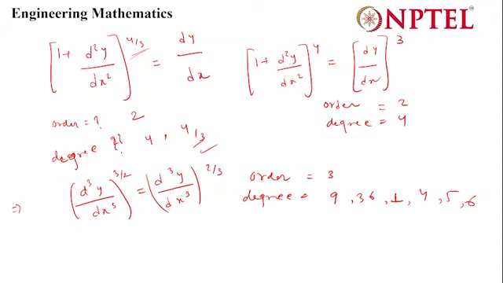Okay, I'm not telling the answer for this one. You just read again and try to solve this question. Your order is correct, everyone got 3. But for the degree, there are so many answers. So we will see that later.